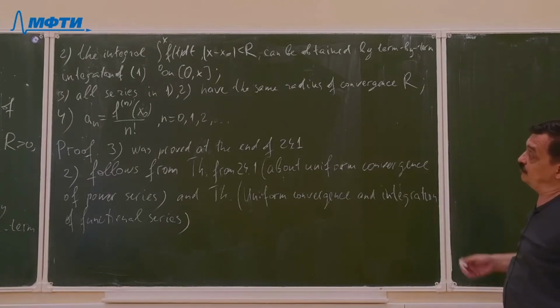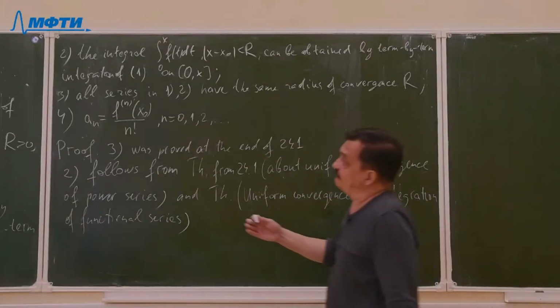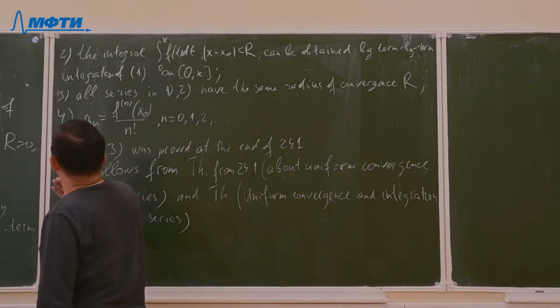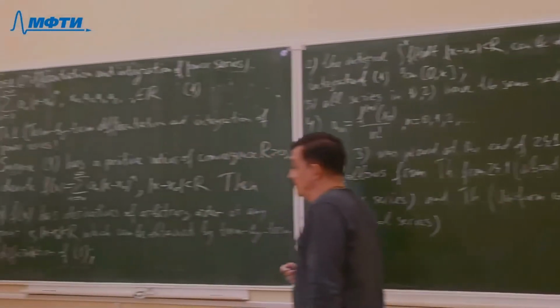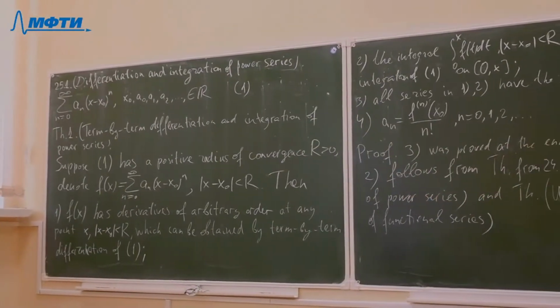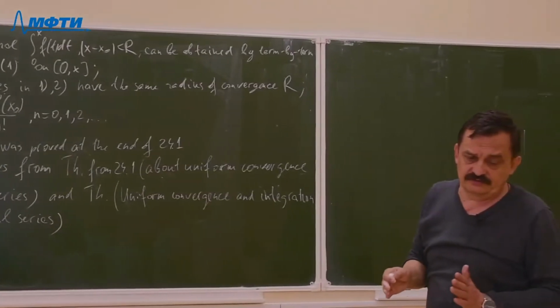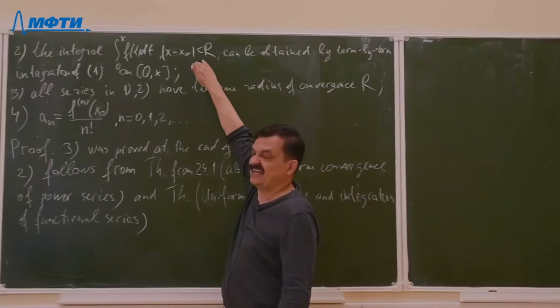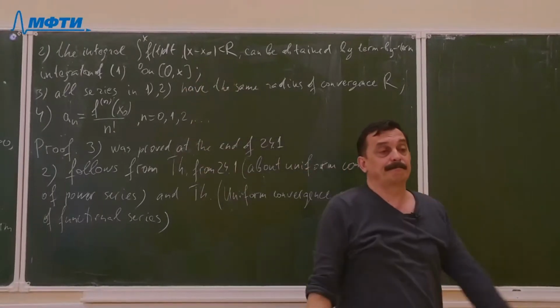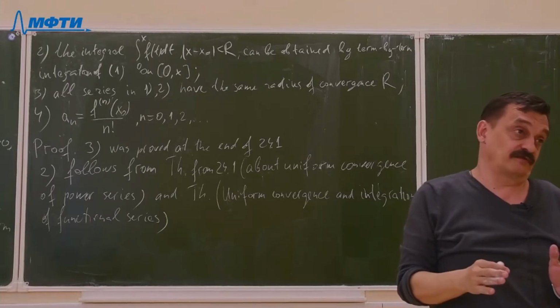So uniform convergence of power series says that once we have a power series, 1, then it converges uniformly on an arbitrary closed interval which lies inside the interval of convergence.